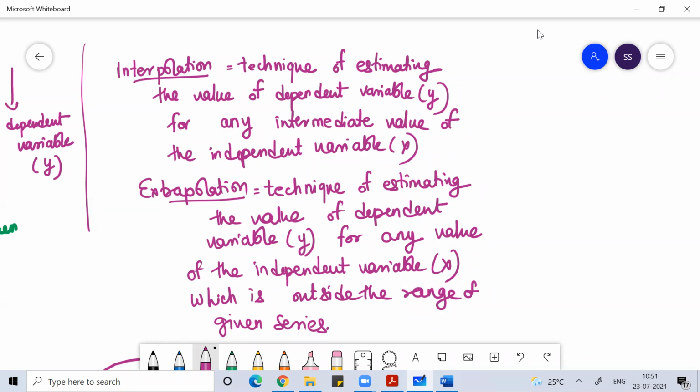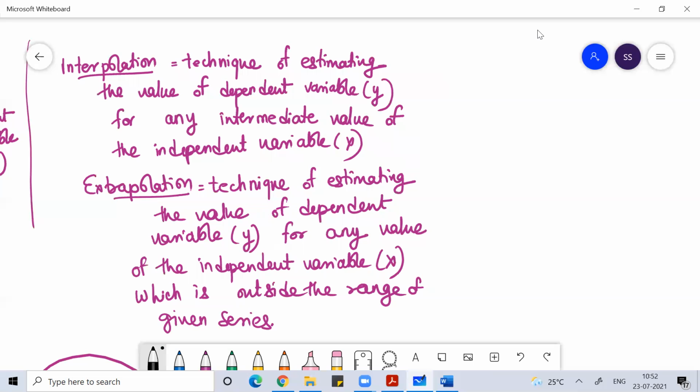Generally, for working on interpolation and extrapolation, for exam purposes, there are basically two techniques we follow.